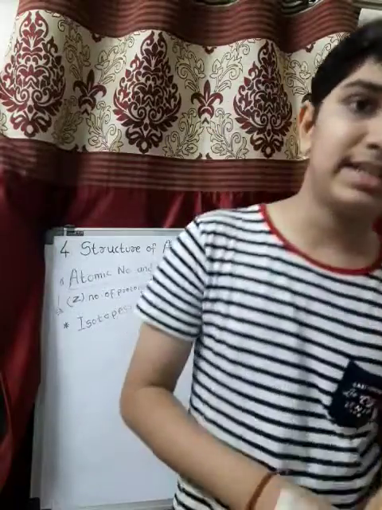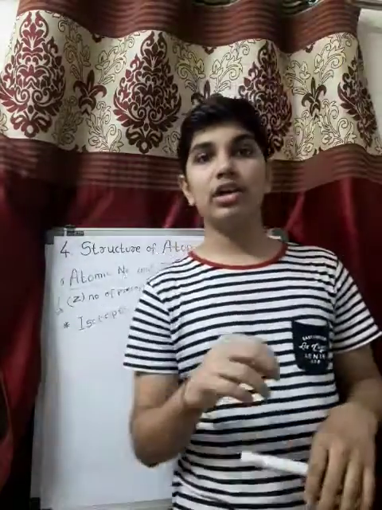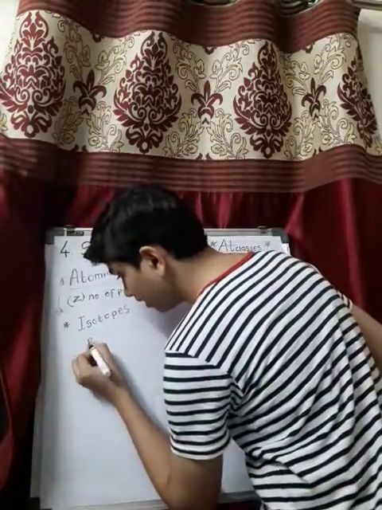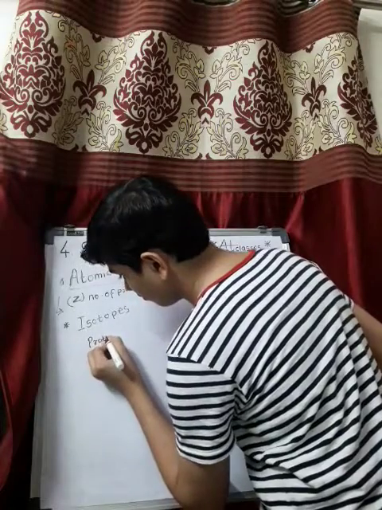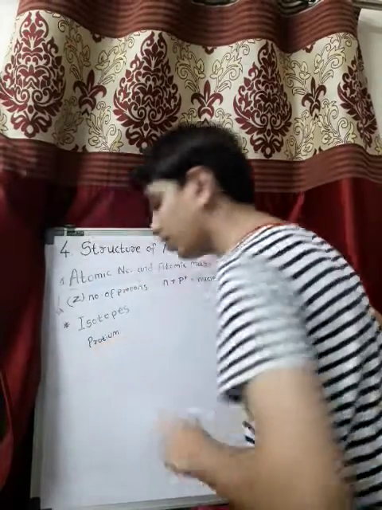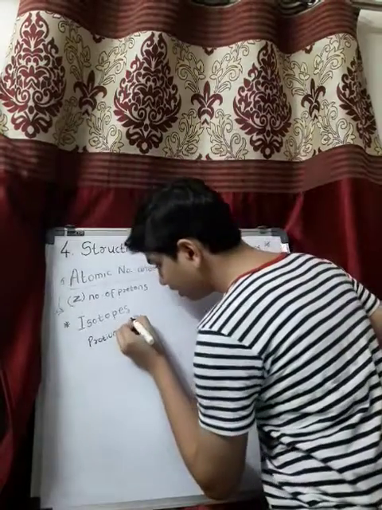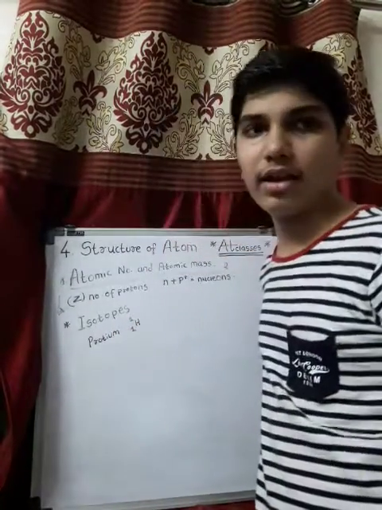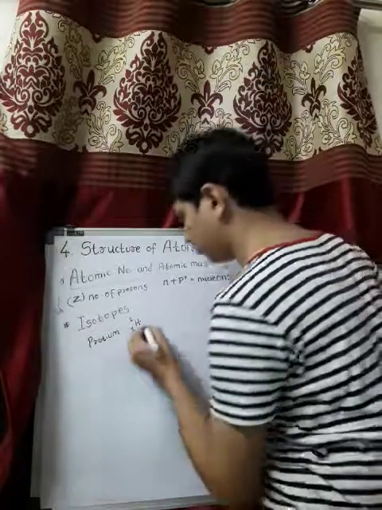For example, in case of hydrogen, there are 3 types of hydrogen atom, namely, the first one is protium. This is written as 1H1. Now that is deuterium.